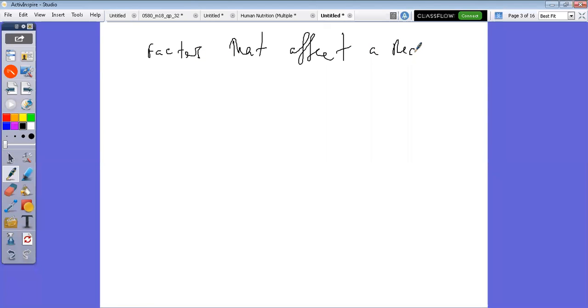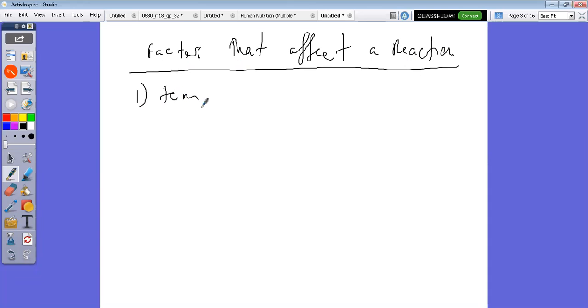A chemical reaction. What are the factors that affect a chemical reaction? There are four of them: temperature, a catalyst, concentration, and surface area.